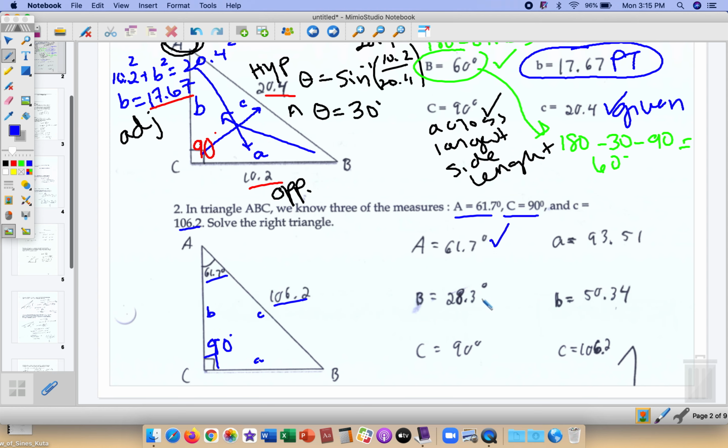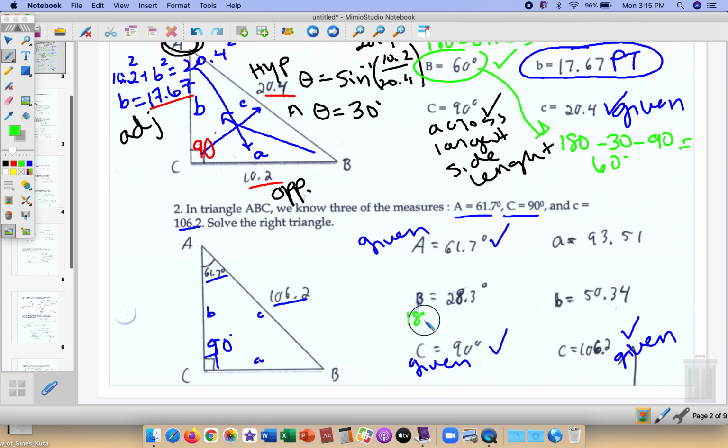Now I'm first going to search. So let's first write given. What else were we given? We were given little c. So let's pick what we want to find next. I think it's easiest to find the third angle since we already know two of them.